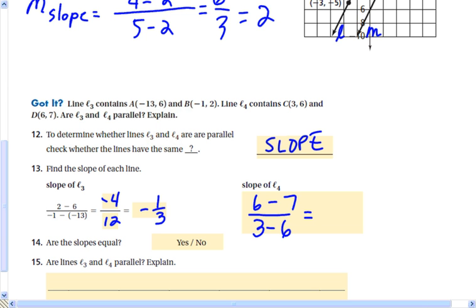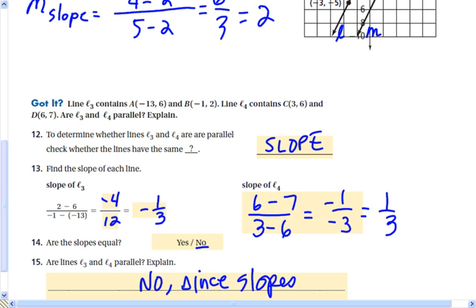And that's equal to -1 divided by -3, which is 1/3. Are the slopes equal? No. Are lines L3 and L4 parallel? No, since the slopes are not equal.